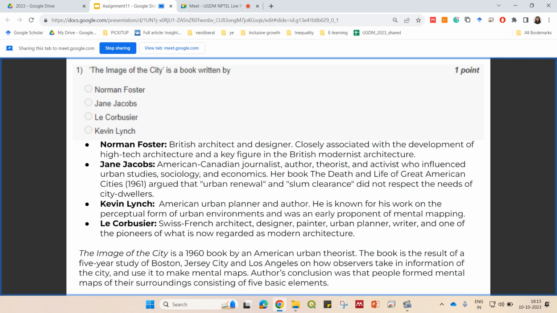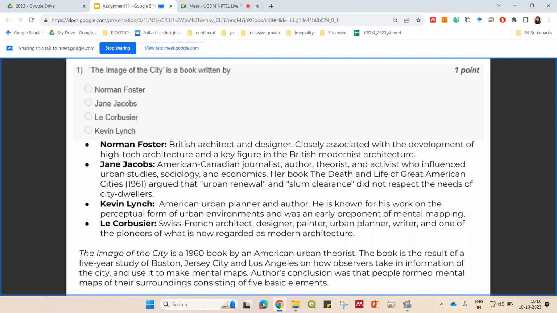Again, The Image of the City is a book by an American urban theorist. Again, this might make it clear which of these authors is the author of the book. The book is a result of a 5-year study on the cities of Boston, Jersey, and Los Angeles.